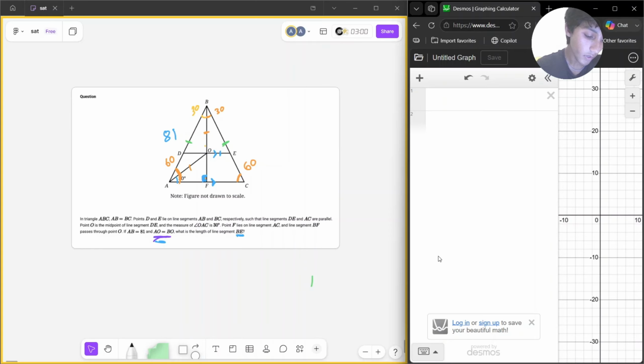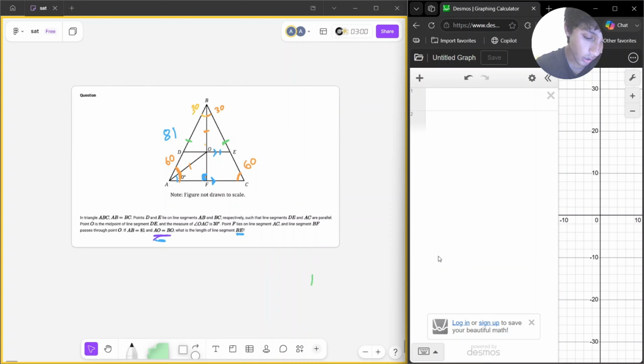So our next step is to recognize that this is a 30, 60, 90 triangle. Let's call this side B. If that side is B, that means this side has to be B square root 3 according to our special triangle rules, and this one has to be 2B.